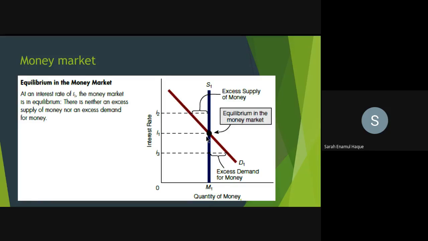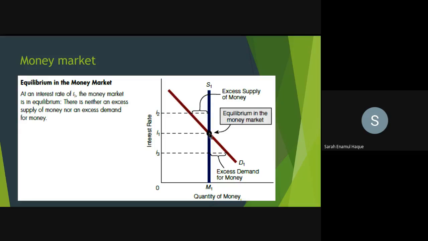But what is important is this I here, I star. This should be I star. So this is the equilibrium point, and the corresponding interest rate is the equilibrium interest rate. At this equilibrium point, there is no excess supply of money, there is no excess demand of money.